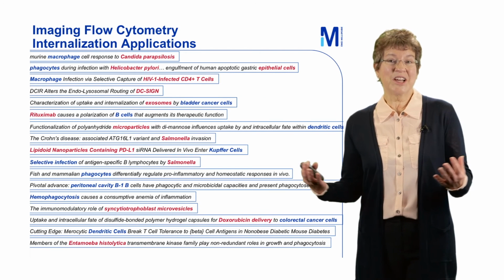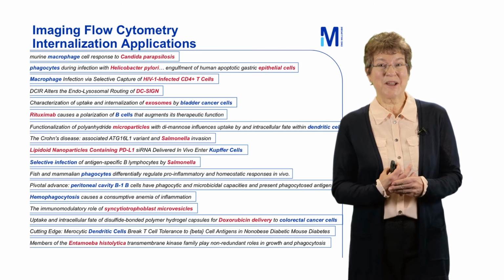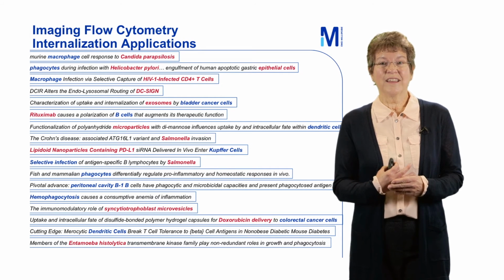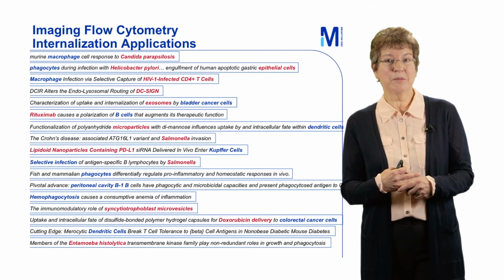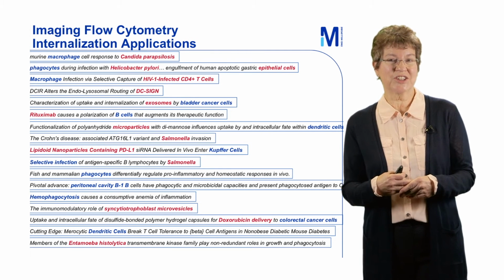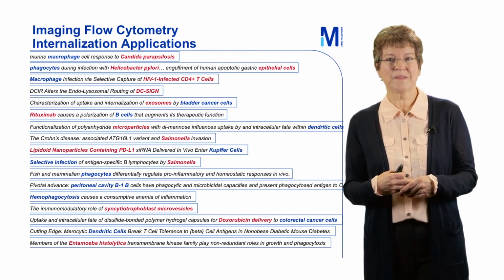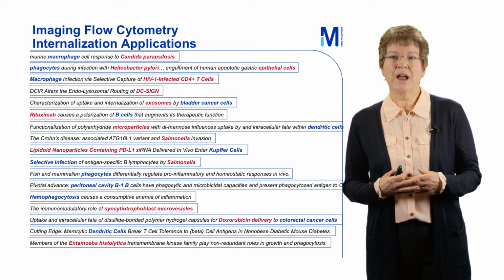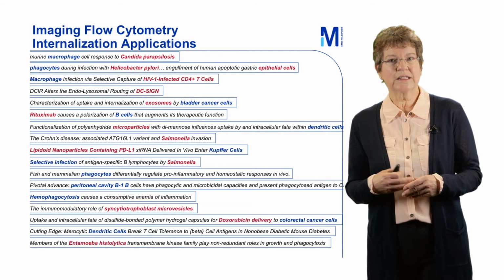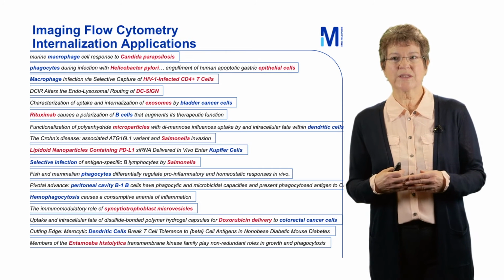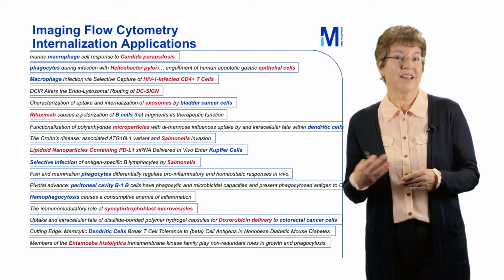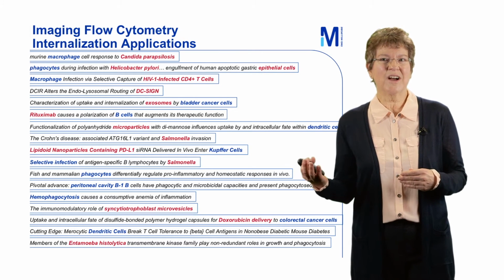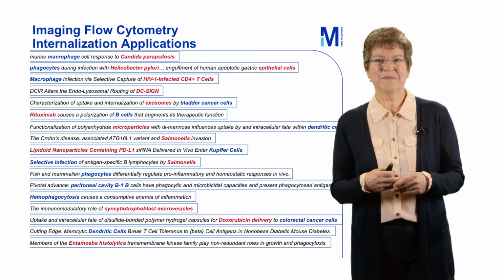Let me talk about internalization applications now. Here's a list from the titles of some of the publications where people have published internalization applications. People have looked at macrophages taking up Candida, phagocytosis, looking at both Helicobacter and actually taking up apoptotic epithelial cells.